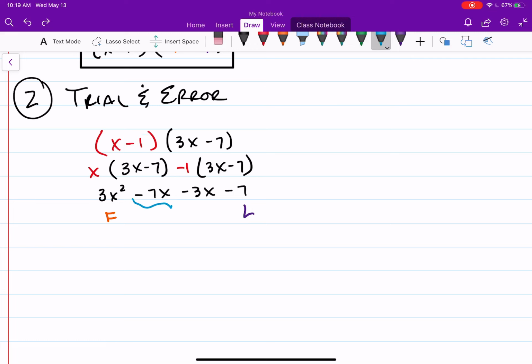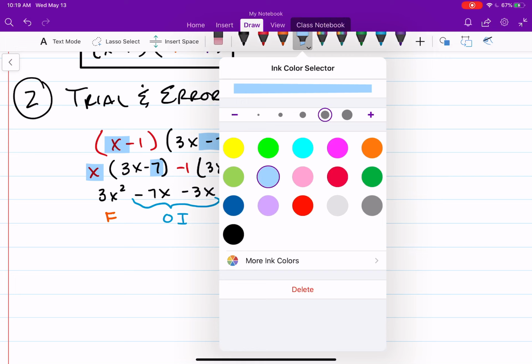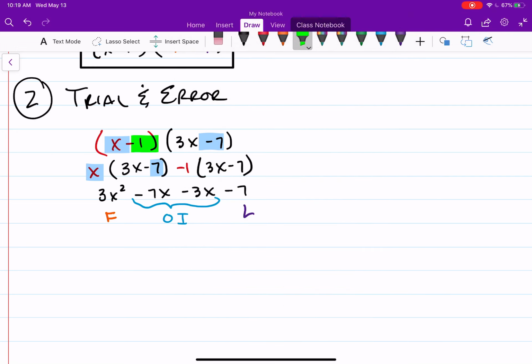This is my outer and inner, which means that my outer is this, okay, which is right here, and my inner is these two here, which is these two here, okay? That's what creates that right there, okay?